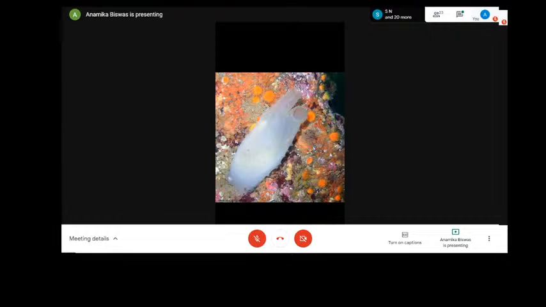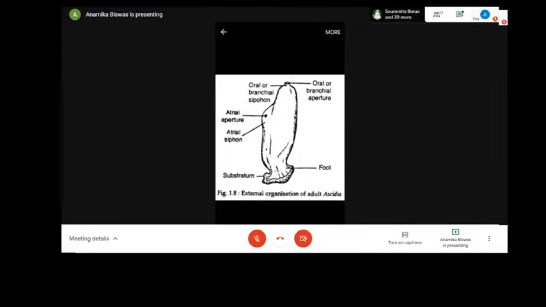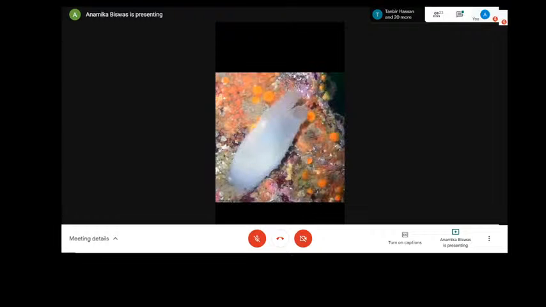Urochordata. Just showing the outline picture will not do, we also need to know their anatomy. Their body is covered by testa, that means tunic. Look, their body is covered by tunic. A glossy structure is present on the outer surface.